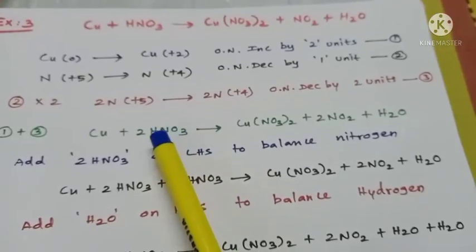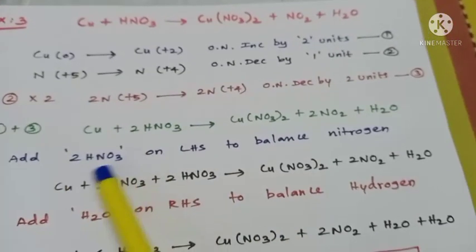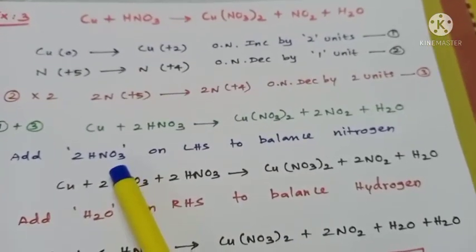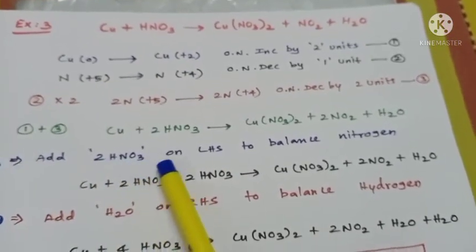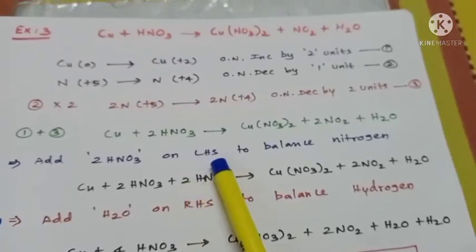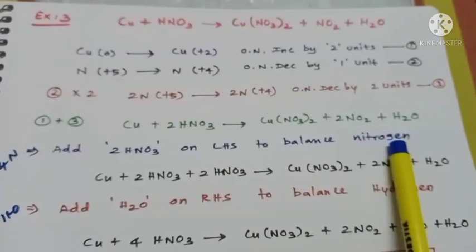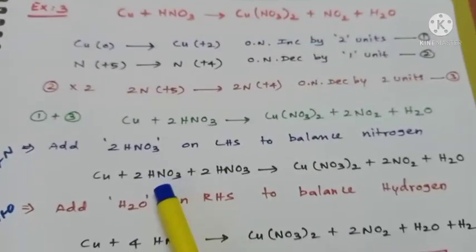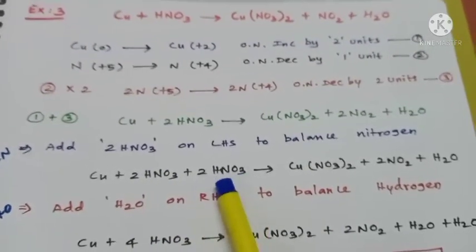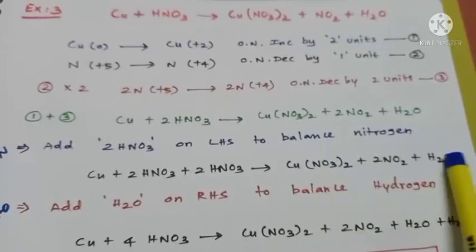Otherwise, along with this, we can add 2 more HNO3. So automatically it will become 4 nitrogen. So I'm going to add 2 moles of HNO3 on left hand side for balancing nitrogen. Okay, right. So already you have 2HNO3. This is what I add for balancing nitrogen. The right side as such I have written.